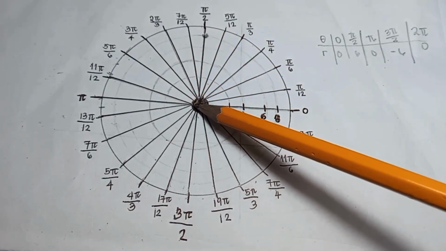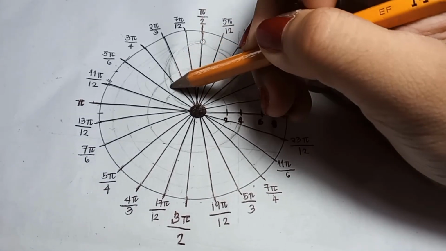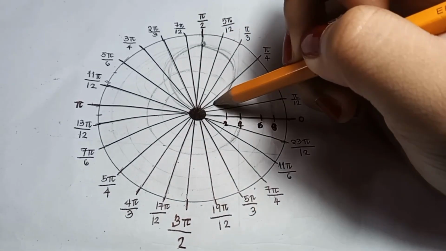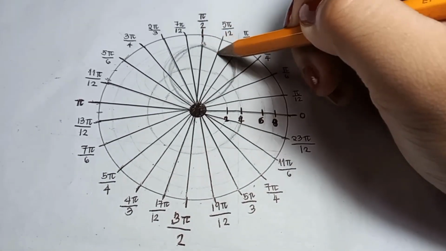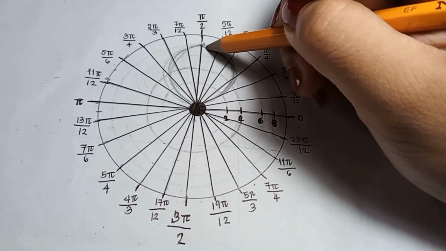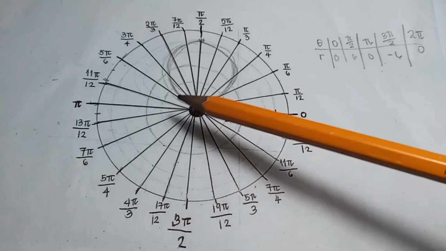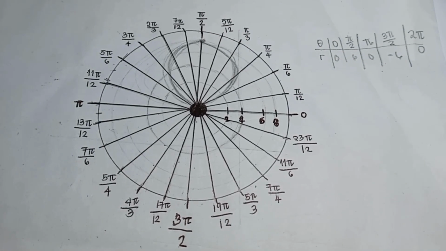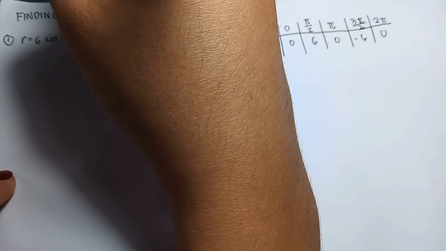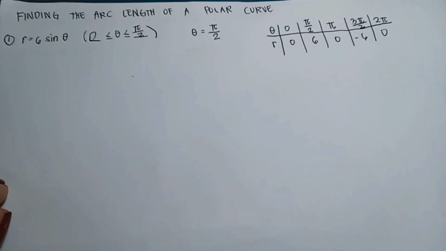Then from pi over 2 to pi, the distance from the pole decreases from 6 to 0, which means the polar curve wraps back around the pole, and we're just retracing the same sections over and over again since we have redundant values of r. So we have the lower limit of 0 and upper limit of pi over 2. Let's plug it in here. That means theta is greater than or equal to 0 but less than or equal to pi over 2.